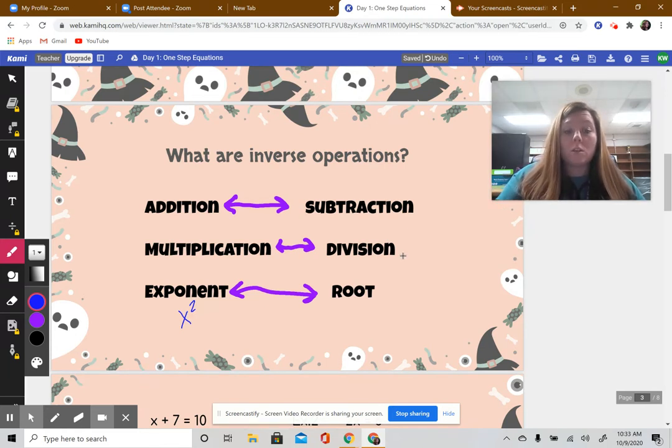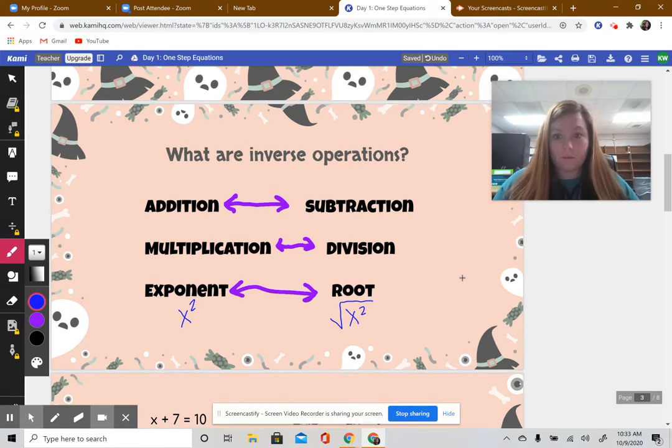What I would do is put a square root around it, and the square root gets rid of the exponent. In 9th grade, we're probably only going to use squares, so don't worry about to the 3rd power or anything like that. You guys wrote all of these down?